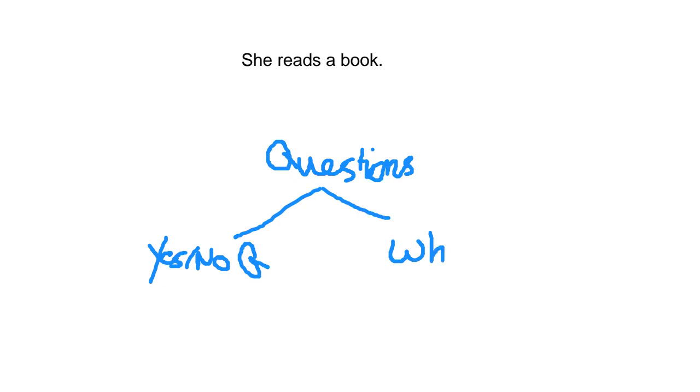Yes, no questions are questions that start with do and does. This is for the present simple. So they require an answer with yes or no. So when you ask a question starting with do or does, the answer must be either yes or no. But the other type of questions, which is WH question, they don't start with do or does, but with question words.